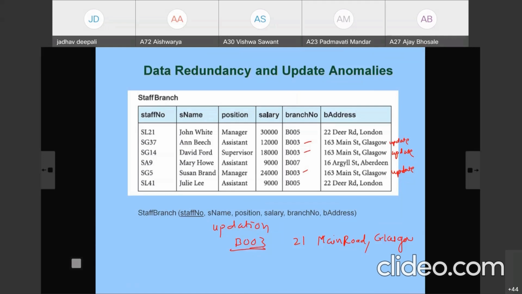And the last one is the deletion anomaly. For example, suppose I delete a record with the staff number SA9. I execute a query: delete from staff branch where staff number is equal to SA9.